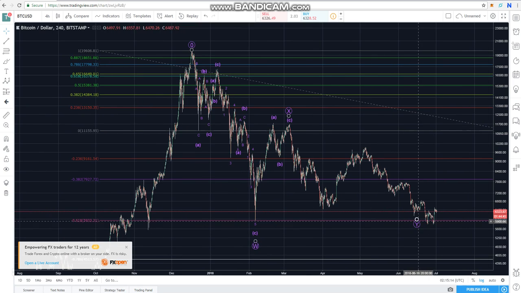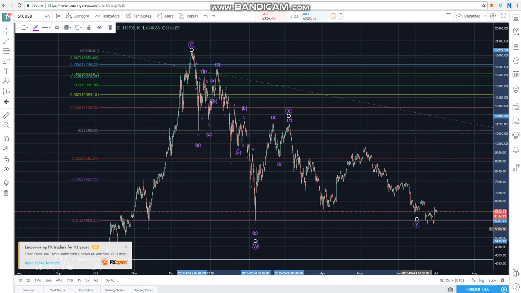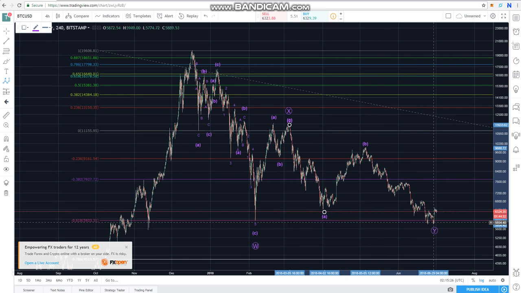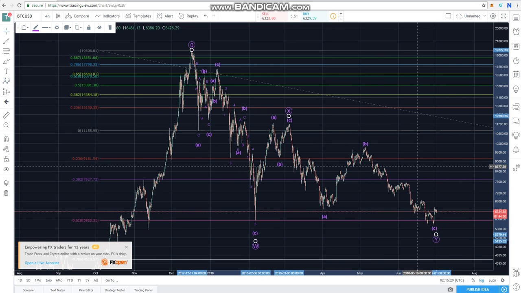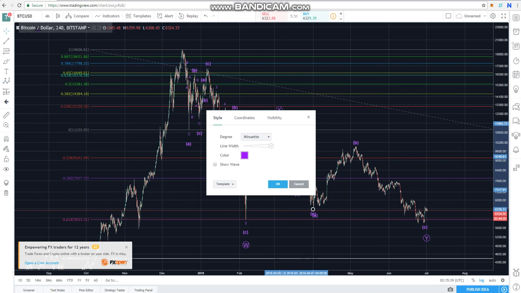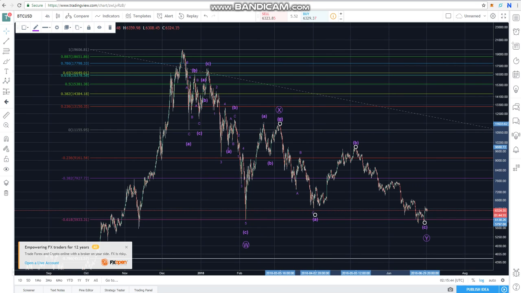And then this sort of structure right over here, this Y, it's a Y because this is an ABC. And this is an ABC because these are an ABC. And sort of ABC.